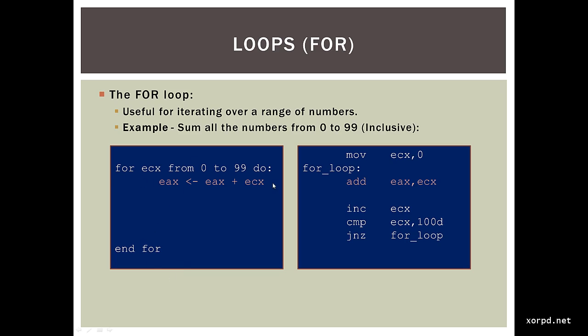How could we implement this kind of idea, this kind of for loop, using assembly? We have a solution here on the right. Again, I try to space the pseudocode so that every line in the pseudocode corresponds to the relevant line in the assembly code.